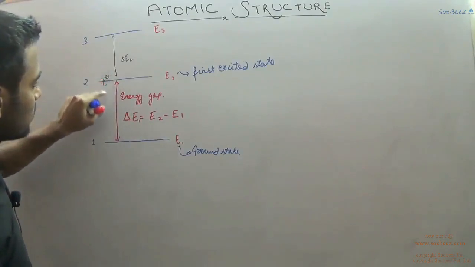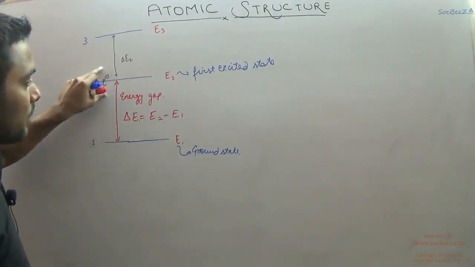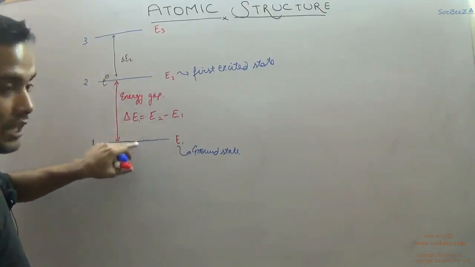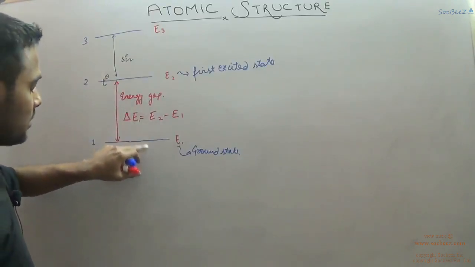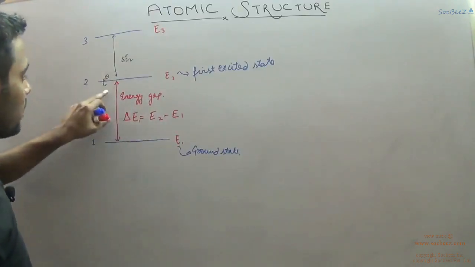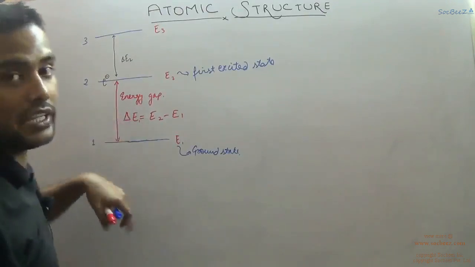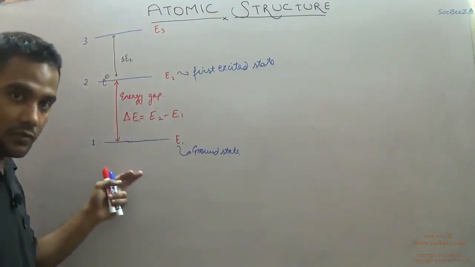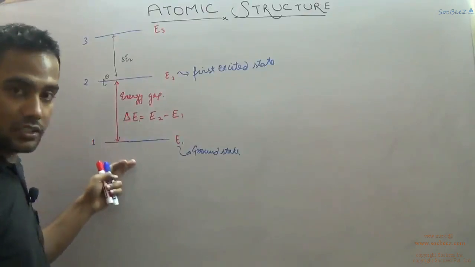This electron has higher energy than it would have at the ground state. So while coming from the first excited state or any other excited state to the ground state, it will release energy.